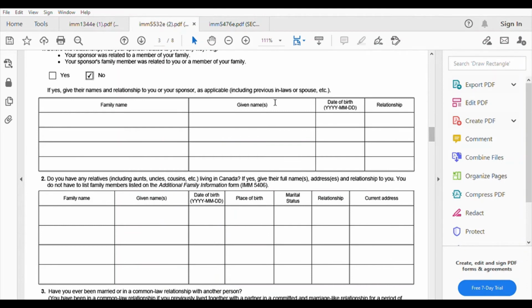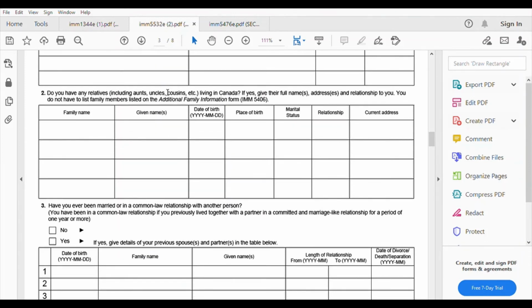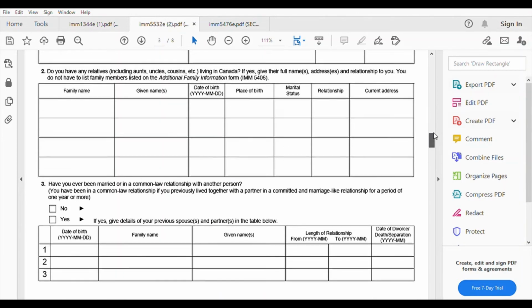So if yes, you need to mention how you knew your partner before, through a friend, through a family member, whatever. Do you have any relatives living in Canada? If you have any relatives, aunts, cousins, uncles, whatever, you mention them here.